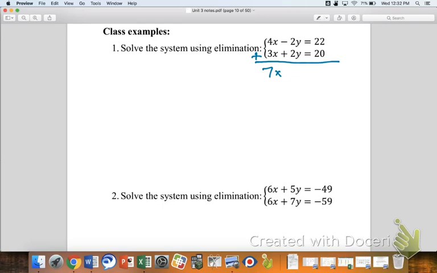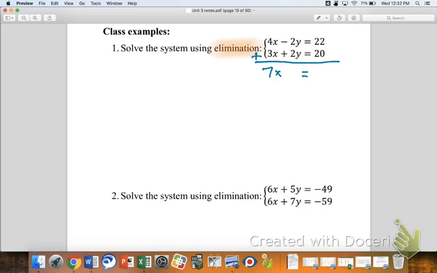It cancels out. They add to be what number? 0. That's why this technique is called elimination, because something should get eliminated if you do this right. In this case, the y has been eliminated.